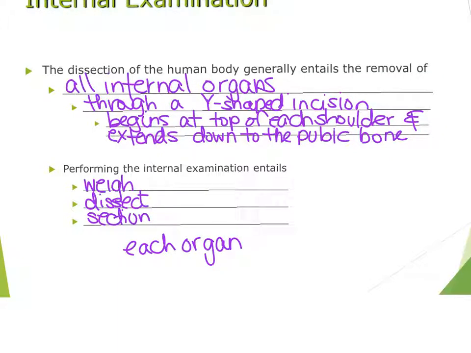The first thing up there, weigh. So for each organ, you will weigh it. You're going to have to get the overall mass of your specimen. Then you're going to have to get the mass of each organ. I will tell you the hardest one to get is going to be the brain. So you have to be very careful. You've got to be smart about it.